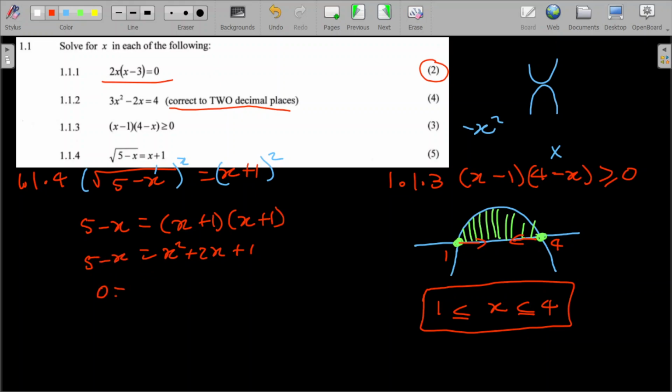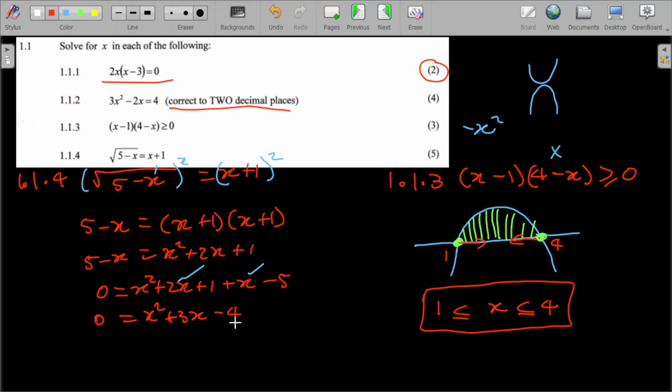This is going to be 0 is equals to x squared plus 2x plus 1, and then plus x minus 5. And then 0 is equals to x squared. Now, like terms of this one and this one is going to give us 3x, and then this and that is going to give us minus 4.